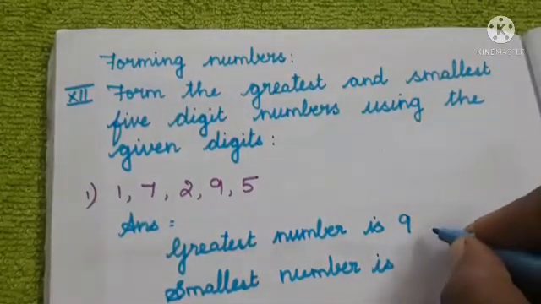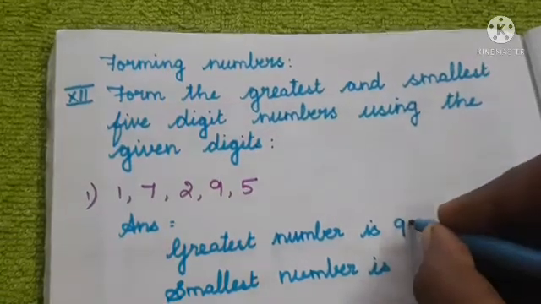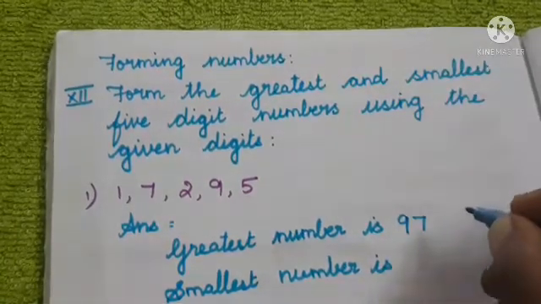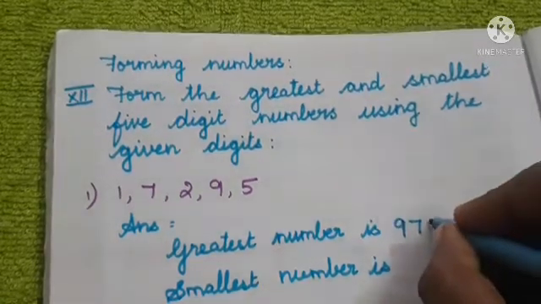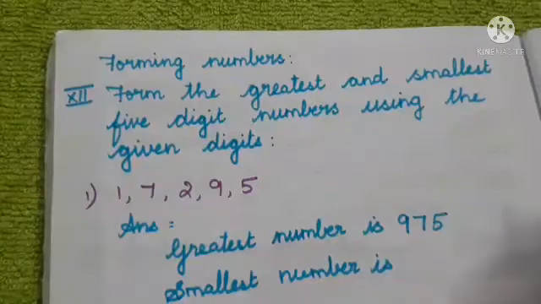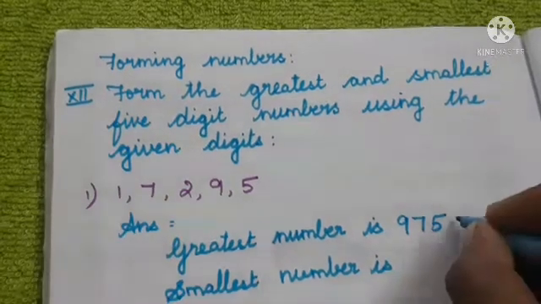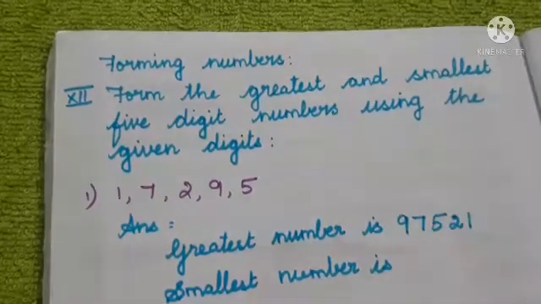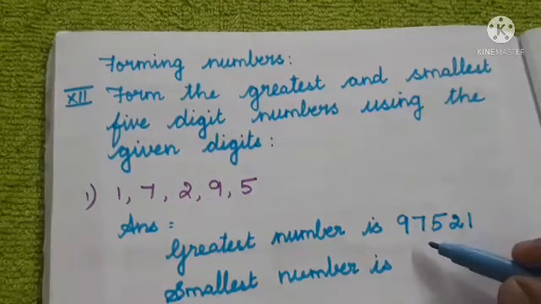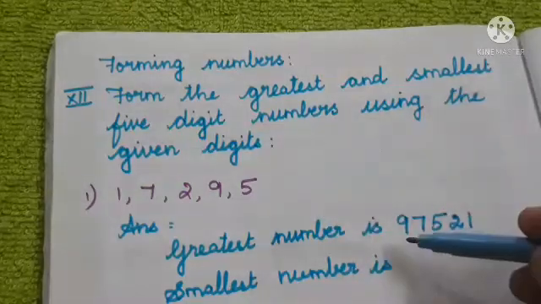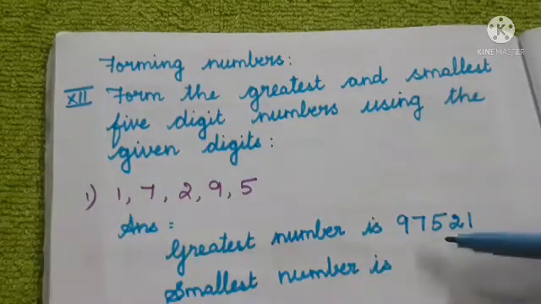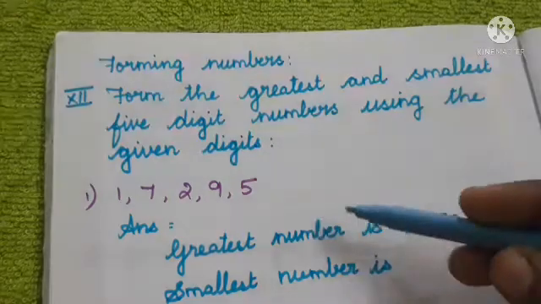The next smaller number is 7, the next smaller number is 5, after 5 the next smaller number is 2, and 1 is the smallest number given here. So now we have formed a 5 digit number using the given digits, that is the greatest number.